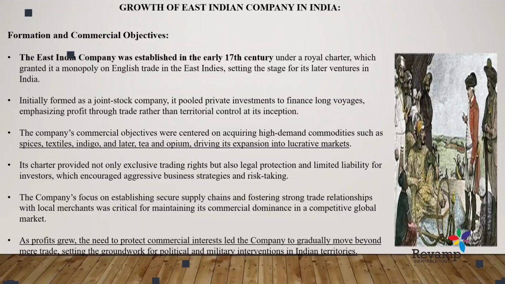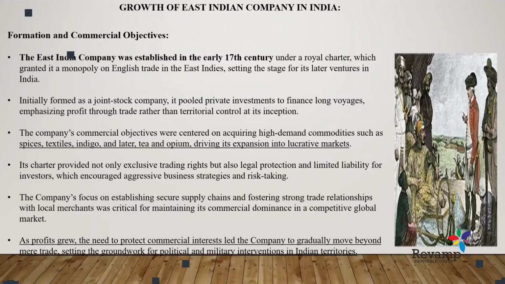So they started their company in India as a joint stock company, which was completely based on trade. The main items they traded were spices, textiles, indigo, and later they invested their economic interest in tea and opium as well. Later, they established themselves very well in the Indian subcontinent, especially in the Bengal and eastern provinces.